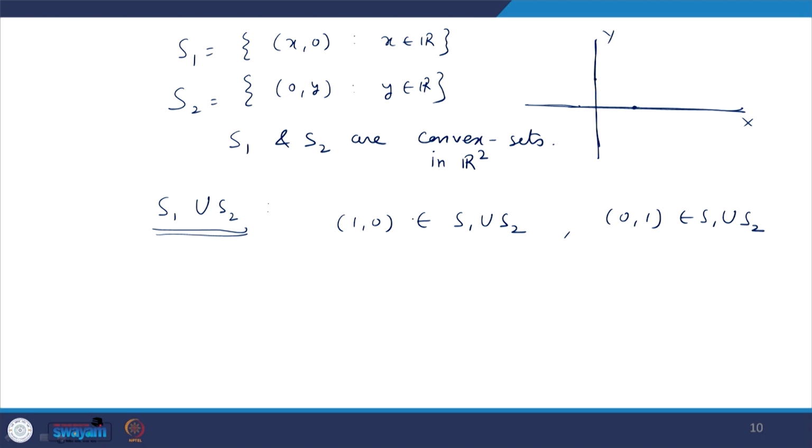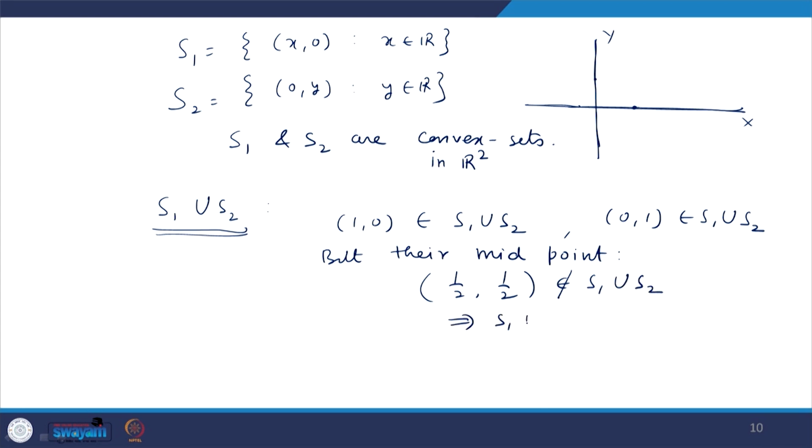But if you take the midpoint of these two, what will be the midpoint? 1 by 2 comma 1 by 2. Now, this point is neither on the x axis nor on the y axis. So, this point does not belong to S1 union S2, and this implies S1 union S2 is not a convex set.